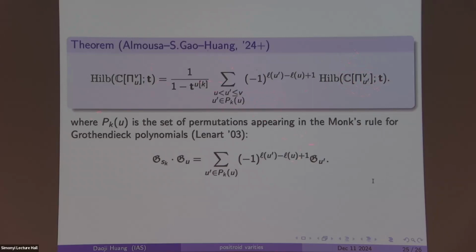The way we write this down is by relating the geometry of Positroid varieties to matrix Hilbert varieties, which Trisha talked about in her talk last week. And for matrix Hilbert varieties, we use the formula for Grothendieck polynomials, which are K-polynomials for matrix Hilbert varieties. So we borrowed known results from matrix Hilbert varieties and the expansion of Grothendieck polynomials to get the summands here. So that's the basic idea.